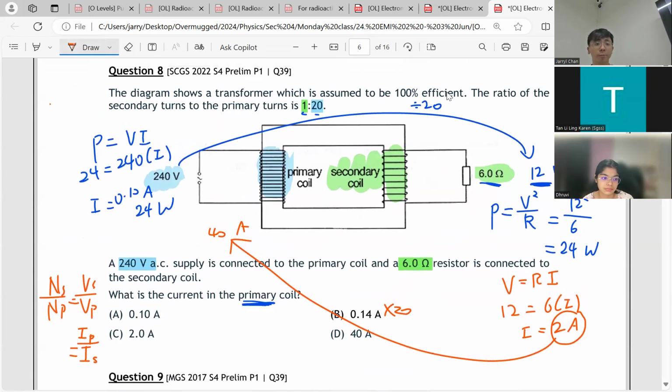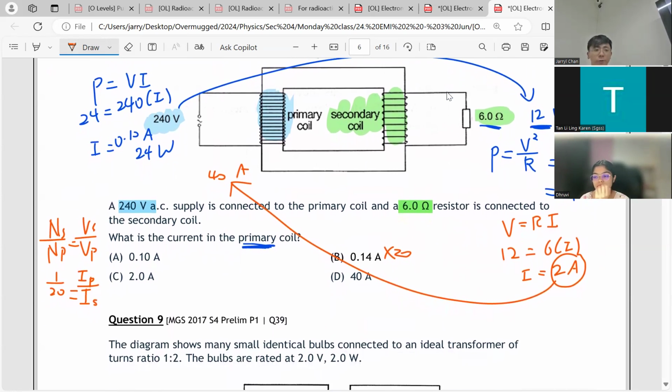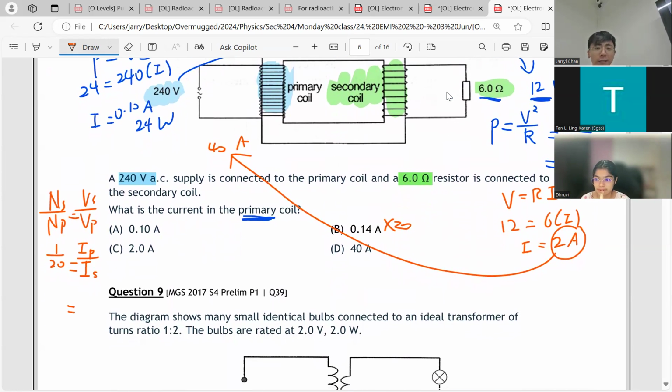So you probably did this 1 to 20 wrongly. This is actually 1 over 20. Did you do 20 over 1? You do 1 over 20, okay, then I can continue. 1 over 20 therefore equals I primary over 2. This one will be 0.1.